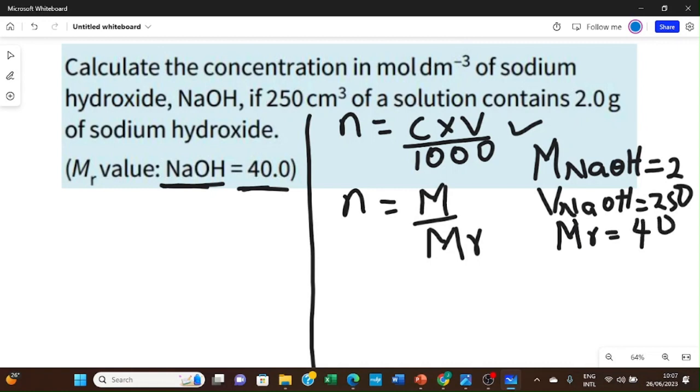Then we have to calculate the concentration. So first, we are going to calculate the number of moles of sodium hydroxide, since we are given the mass and the molar mass. Number of moles is equal to mass, 2.0 gram, over the molar mass, 40. So I'm going to use my calculator.